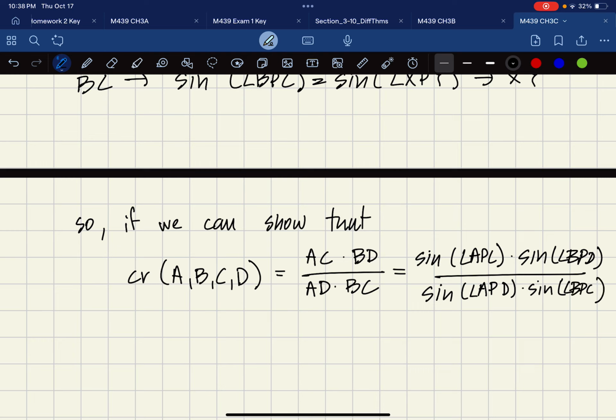If we can show this, in particular this equality, this one is by definition, and is this one provable?